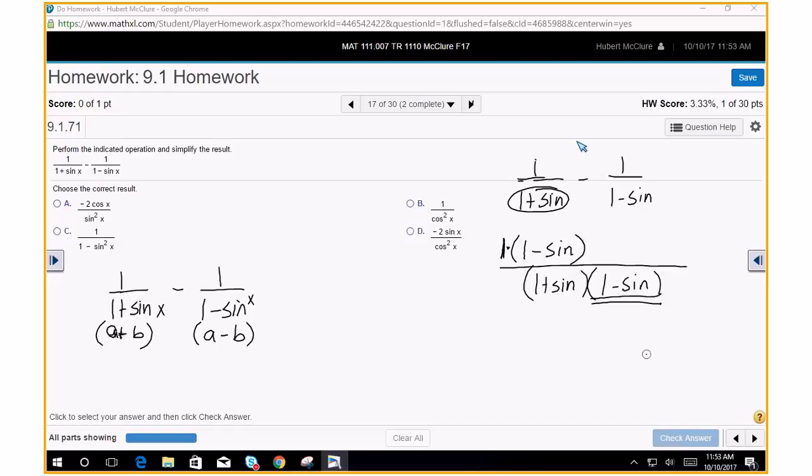This negative 1 will matter. So I'm going to go ahead and put something right here. How many times will 1 minus the sine go into this? 1 plus sine. Now you've got an algebra problem. Finish. Distribute the 1 and the negative 1. Change that bottom to 1 minus sine squared.